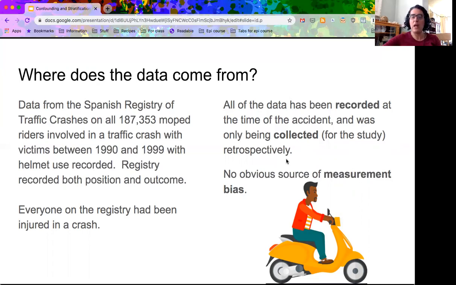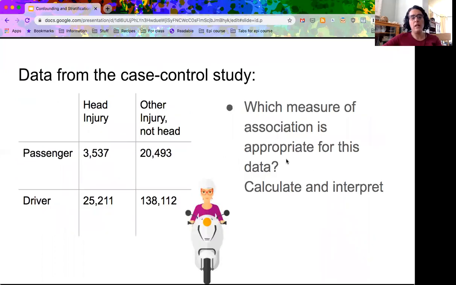It's only kind of now that we're looking back at it. So the data would have been recorded in about the same way for both groups of people. The control group isn't like just our random community controls that we've seen. So there's less source for measurement bias in here than there often is in case control studies, and that's kind of nice. Now let's look at the data.